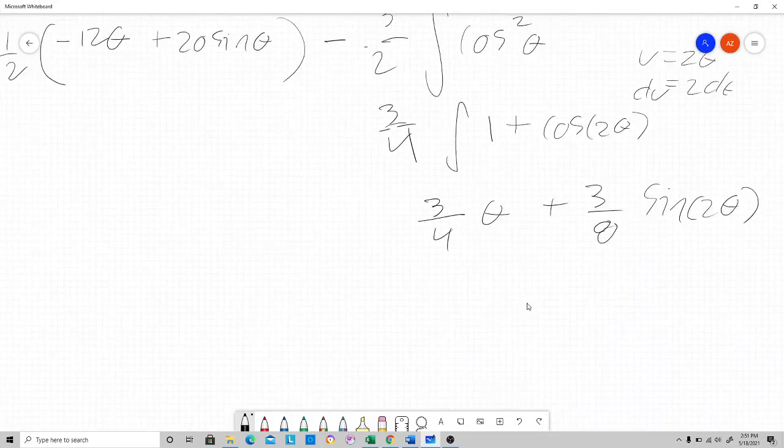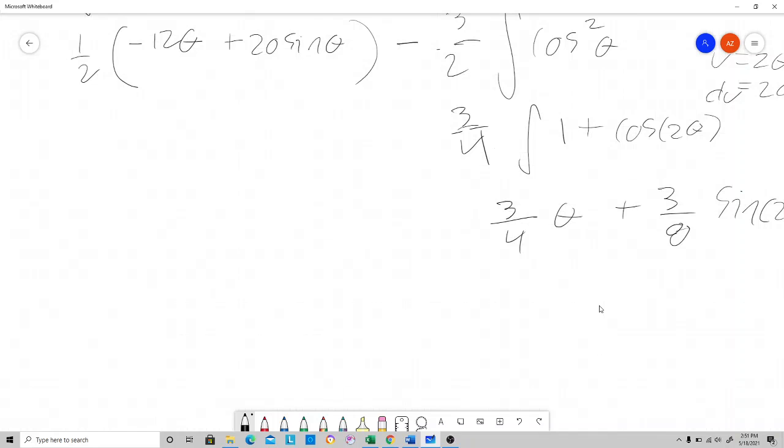Okay, so now that we have all of this, we can expand this. So we're gonna have negative 6 theta plus 10 sine theta. There should be a negative right here.